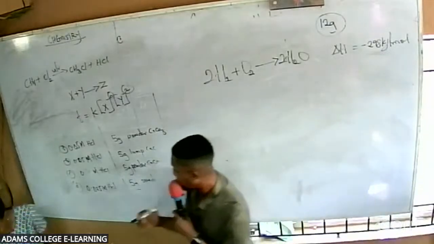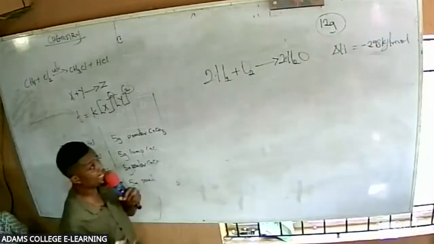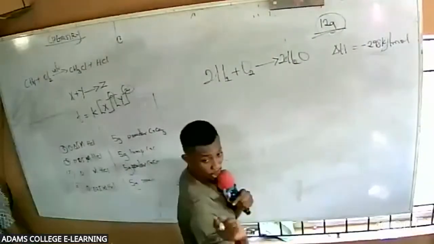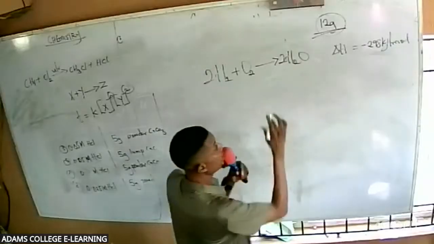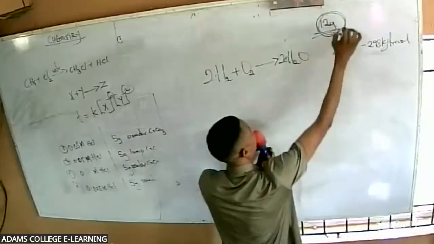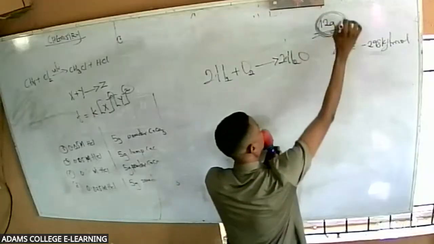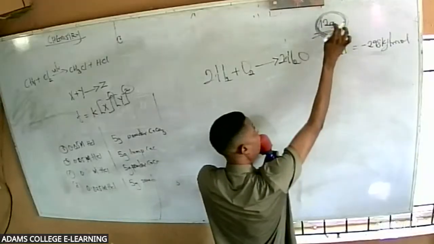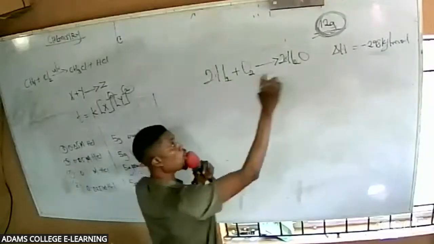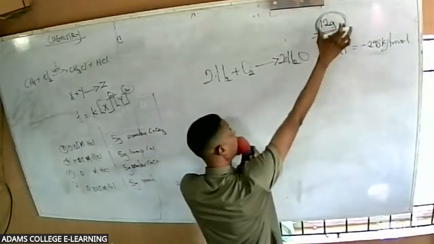Okay. Now, like I said, what's the major concept here? 12 grams. You now come back to the equation. The equation is talking about what? It's talking about 12 grams. In this equation, you now focus on what you are given here, which is 12 grams.